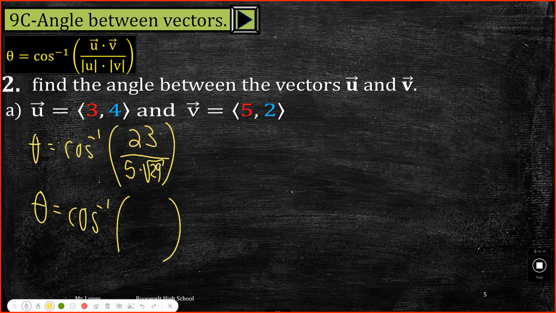To what decimals do you want to do? Let's go with 0.854, the nearest thousandth, just to make sure we're very close to the answer. Now we can do the cosine inverse of that number.